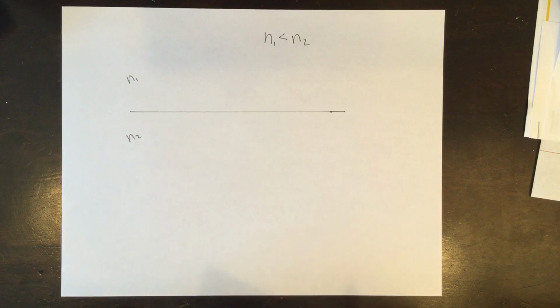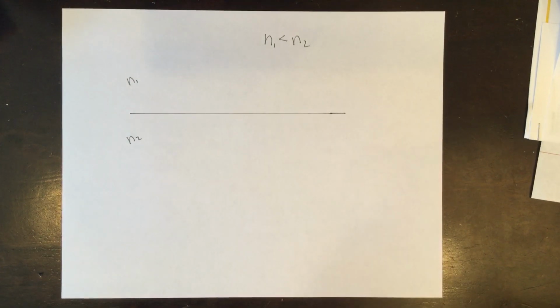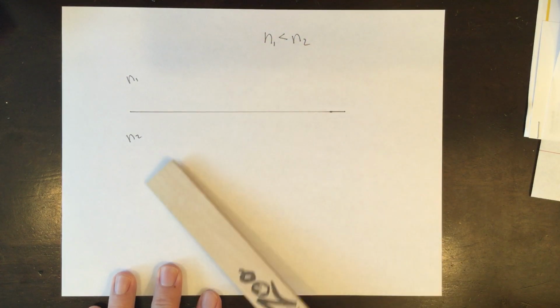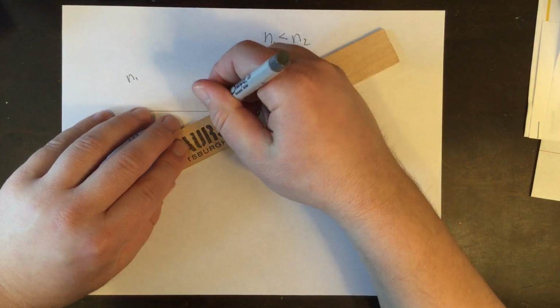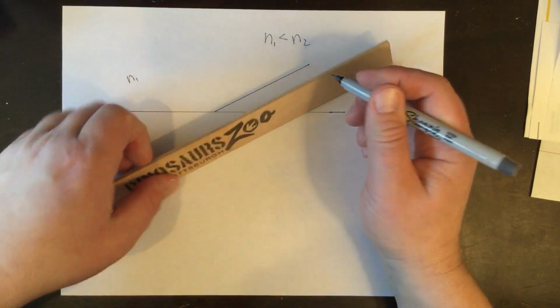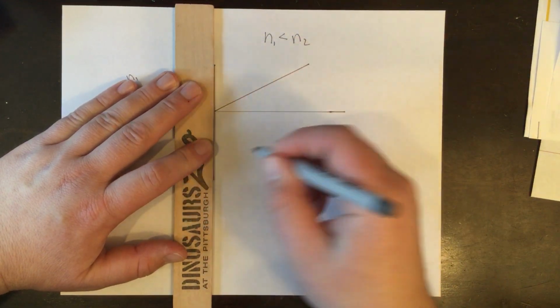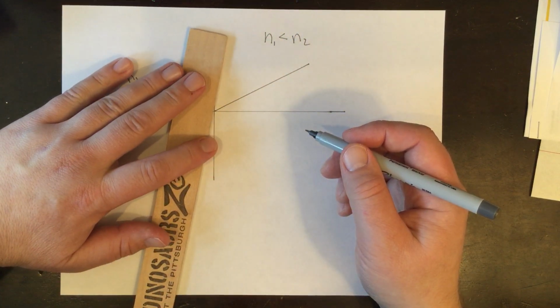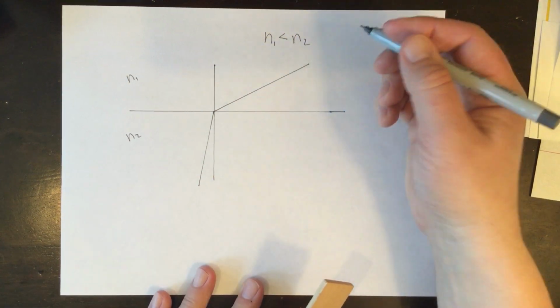A lot of times this is the way you're going to see it written, okay? You'll see something like n1 is less than n2. So it means the light's going to go like this, down, okay? So let's draw our first one here. Let's draw our normal here, 90 degrees to the surface. And we'll draw our refracted angle here, okay?